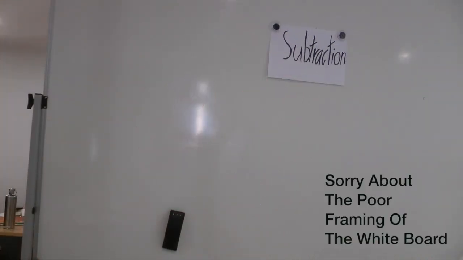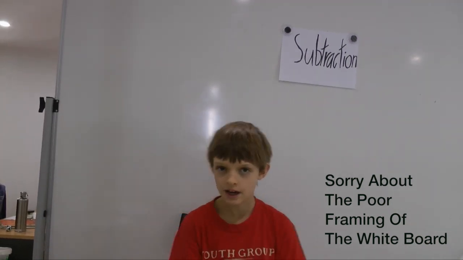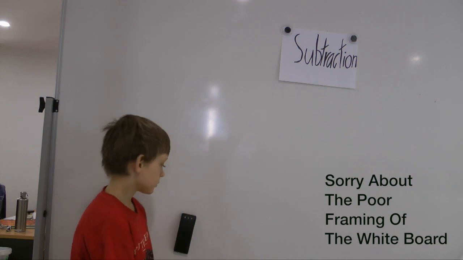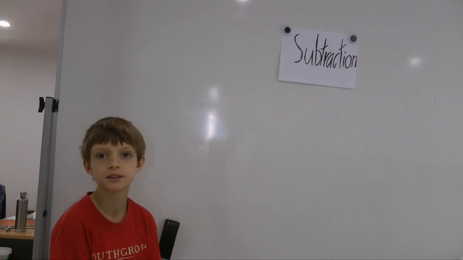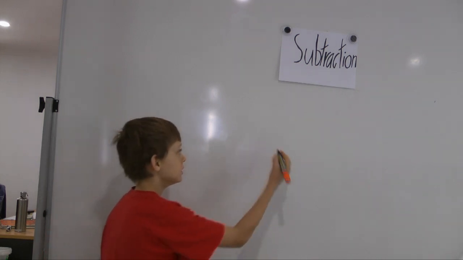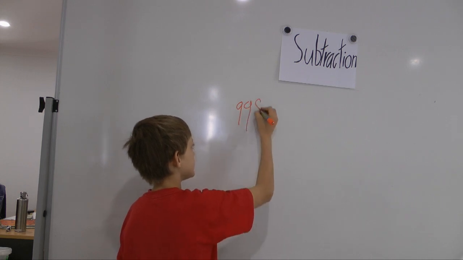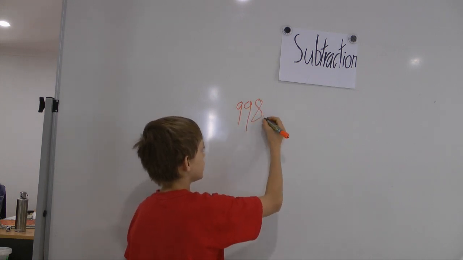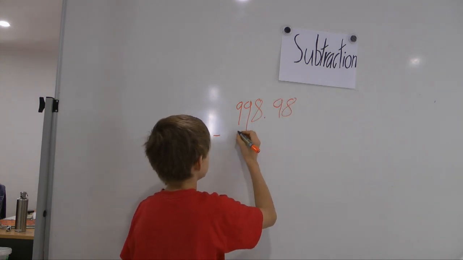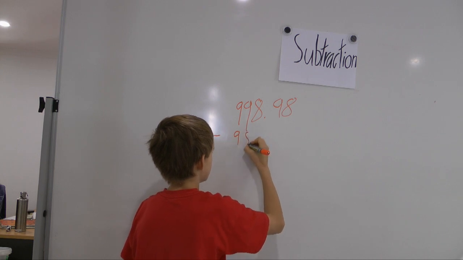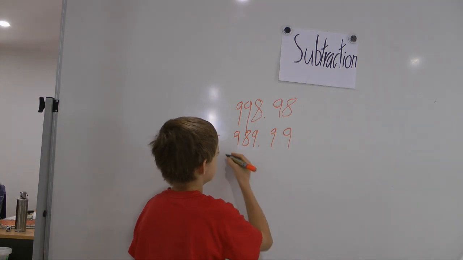Welcome back to another subtraction video. On this video, I'll be showing you how to minus decimals from another decimal. So our first question will be 998.98 minus 989.99.